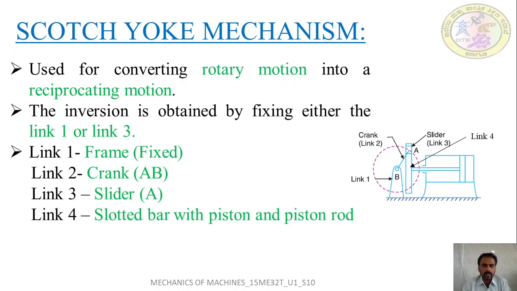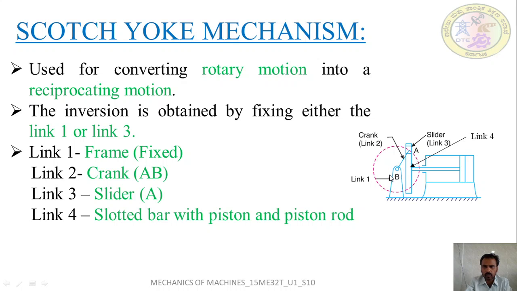Here, first let us see the Scotch yoke mechanism. How is it obtained? The Scotch yoke mechanism is an inversion obtained by fixing link 1 or link 3. Here we have fixed link 1, which forms the frame.